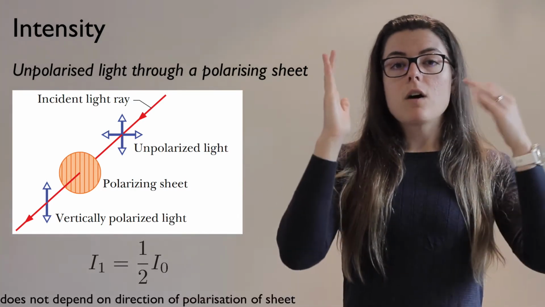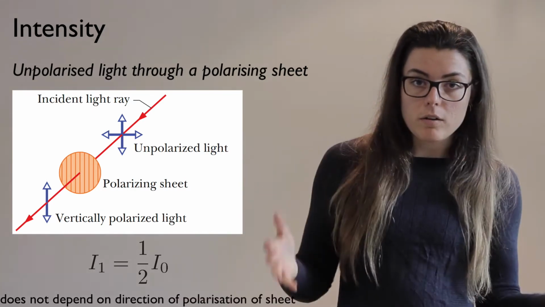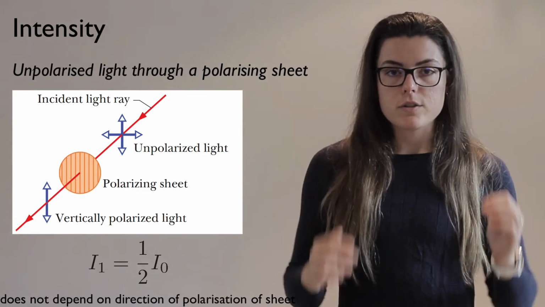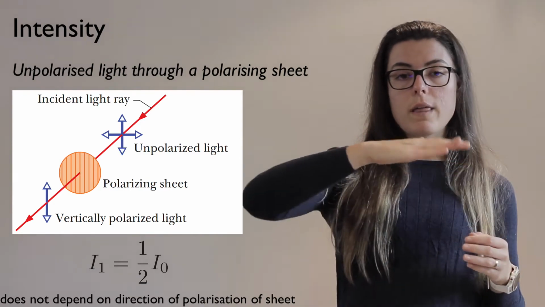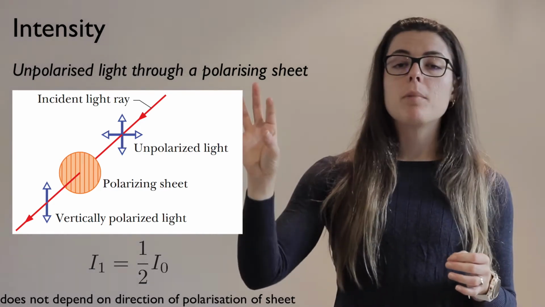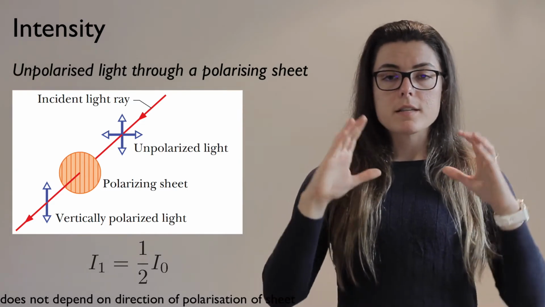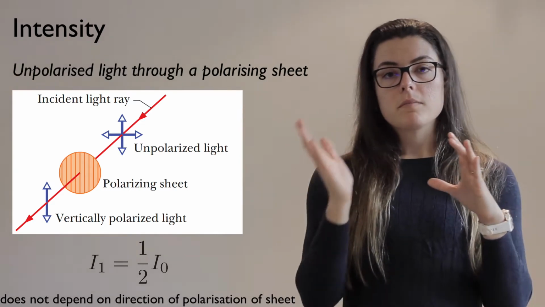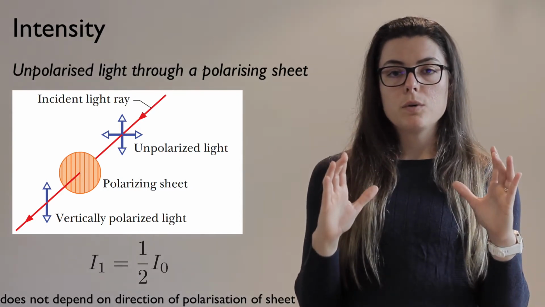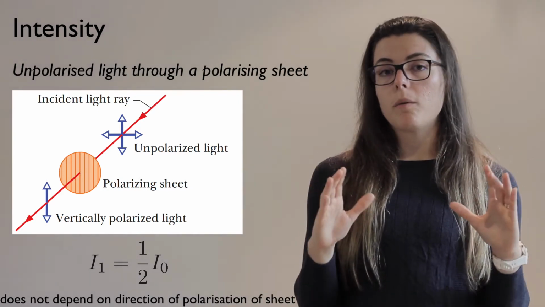So regardless of the direction of polarization, whether it is vertical, whether it is horizontal of the sheet, or whether it is at some angle, for any situation when we have unpolarized light that is passing through a polarizing sheet, regardless of the direction of polarization, we are going to cause the intensity to drop by a half.